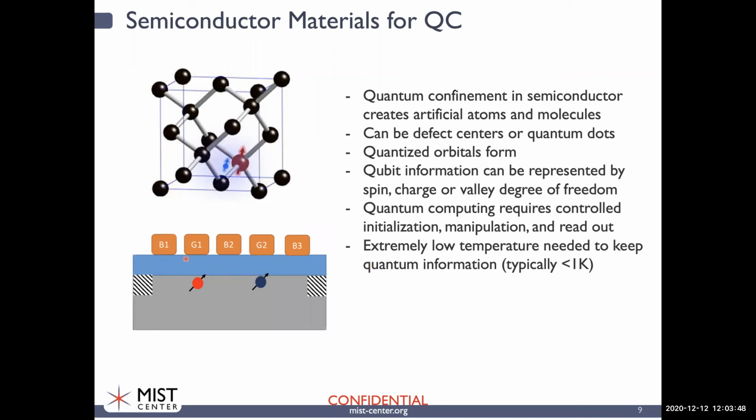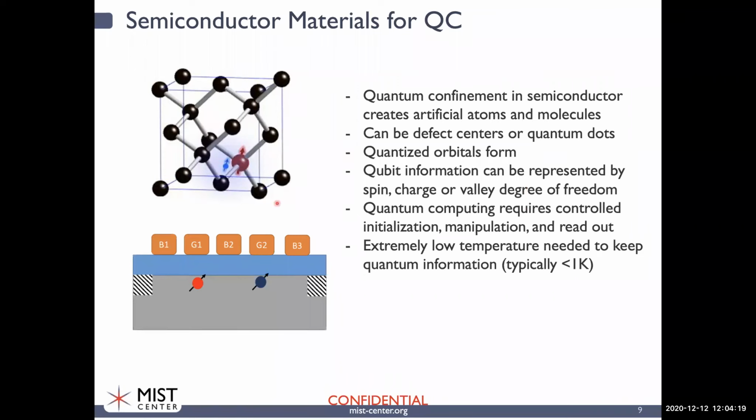We can also use gates to create quantum confinement for a semiconductor quantum dot structure. These structures form confined orbitals, in which spin, charge, or valley degrees of freedom can be qubits. And quantum computing requires controlled initialization, manipulation, and readout of this quantum state.